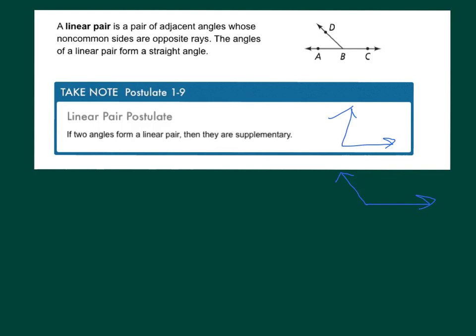But a linear pair are going to be angles that are supplementary and they have opposite rays. So again, if two angles form a linear pair, then they are supplementary. So I know that angle 1 plus angle 2 equals 180 degrees.